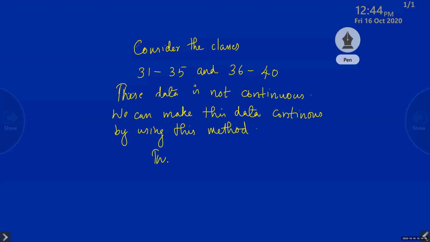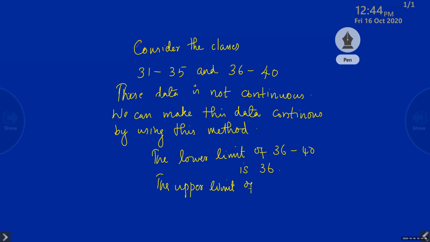The lower limit of 36 to 40 is 36. The upper limit of 36 to 40 is 40.